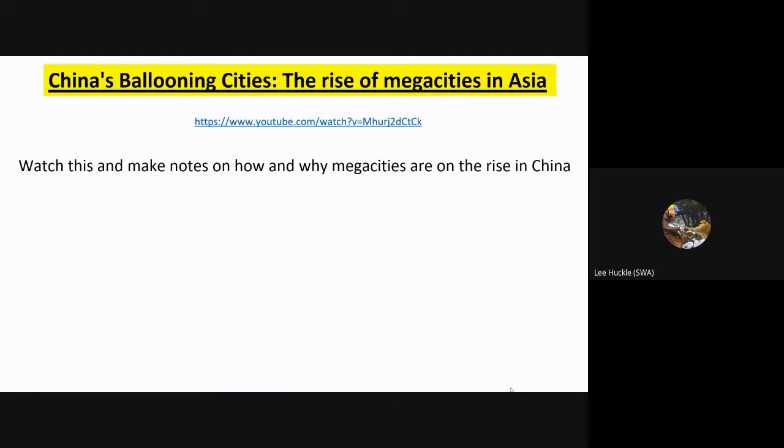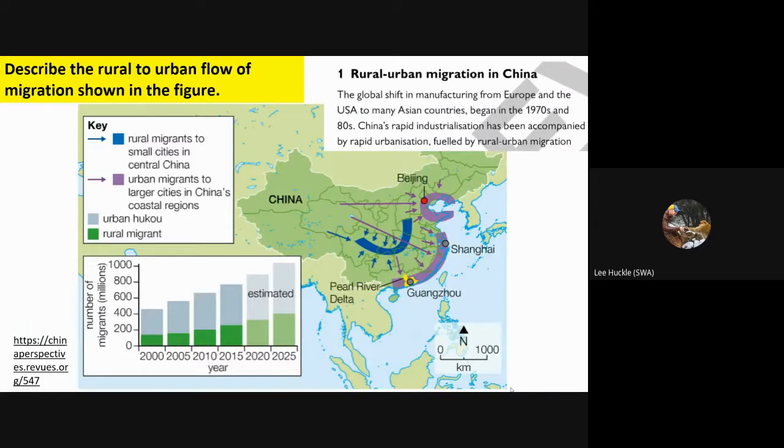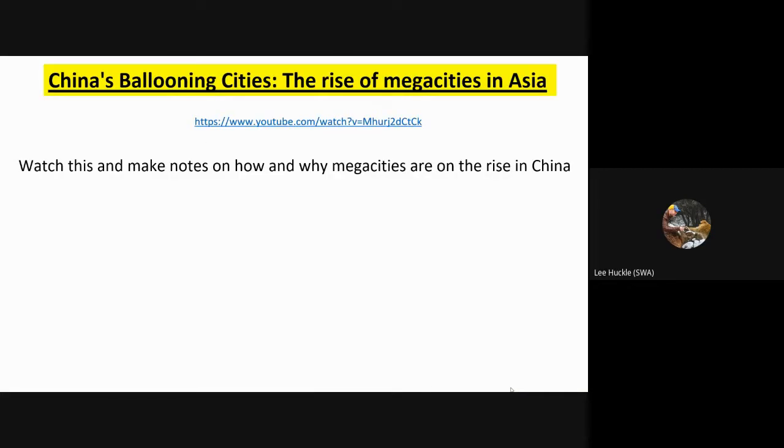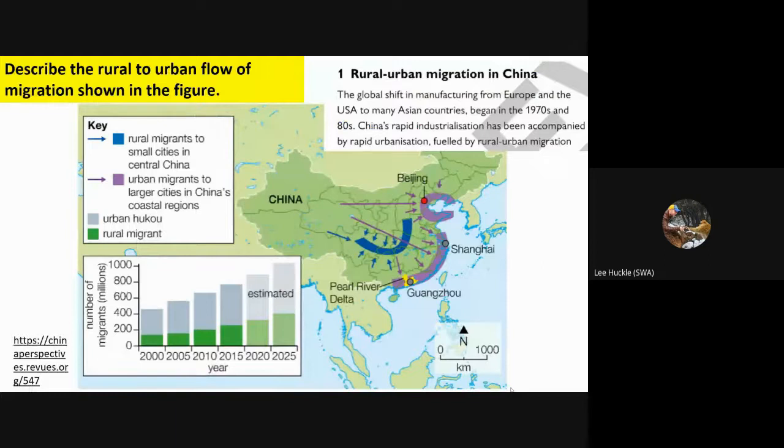You'd have then looked, very briefly, at China's ballooning cities, and in particular the rise of the megacities in Asia. And you made some notes on that and the megacities and why they're on the rise in China, which led very nicely into the first example case study, if you like, of internal migration within a country's borders.